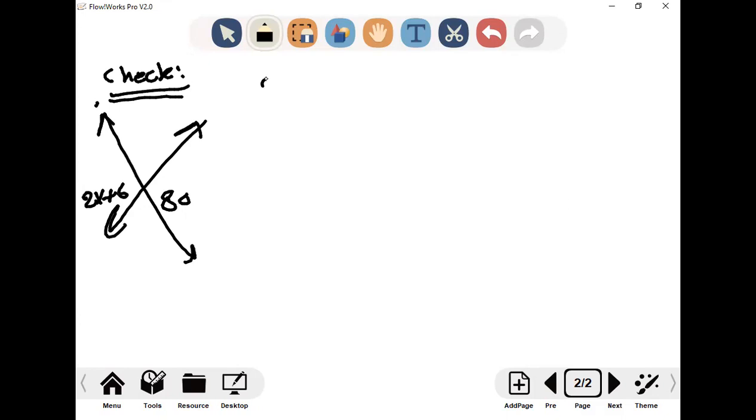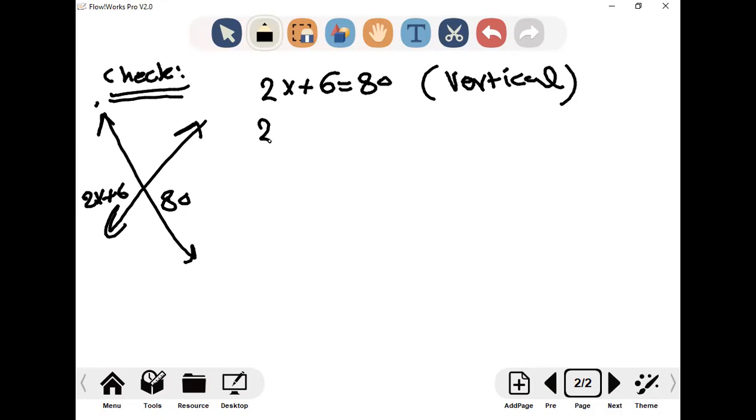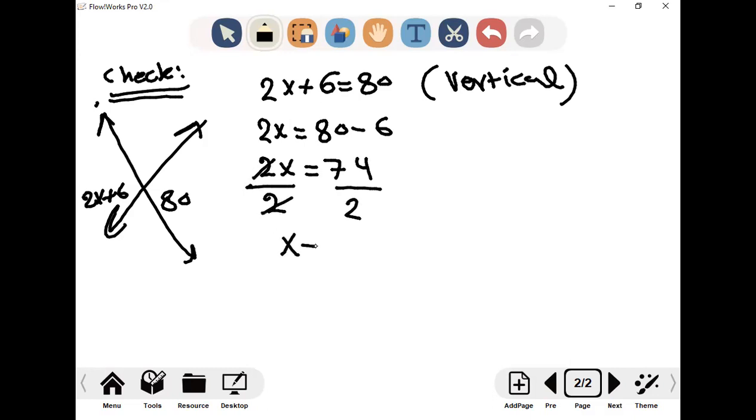So 2x plus 6 equals 80, because they are vertical. Now you prepare your equation and solve it. Shift and divide. So 2x equals 80 minus 6, and x will be 37. Excellent, guys.